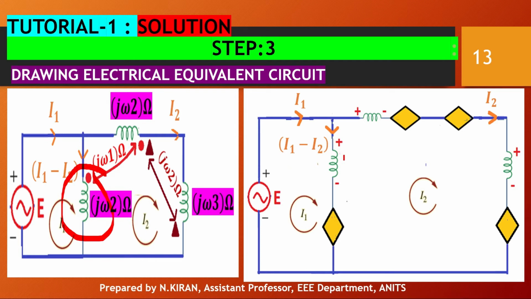Hence this coil will have one self-induced EMF and one mutually induced EMF. We all are aware that the mutually induced EMF is indicated by a dependent source. If I consider the second coil, it has two couplings, one magnetically coupled with the first coil and another coupling with the third coil. Hence the second coil has one self-induced EMF and two mutually induced EMFs.